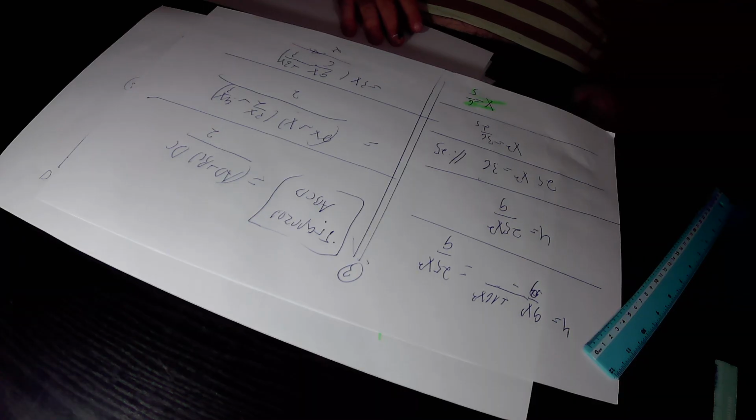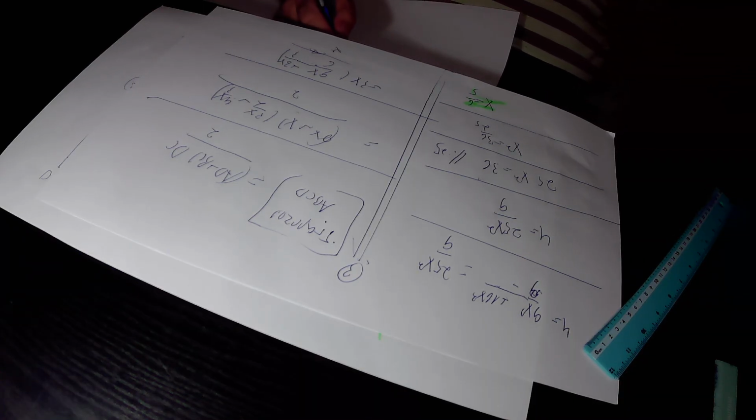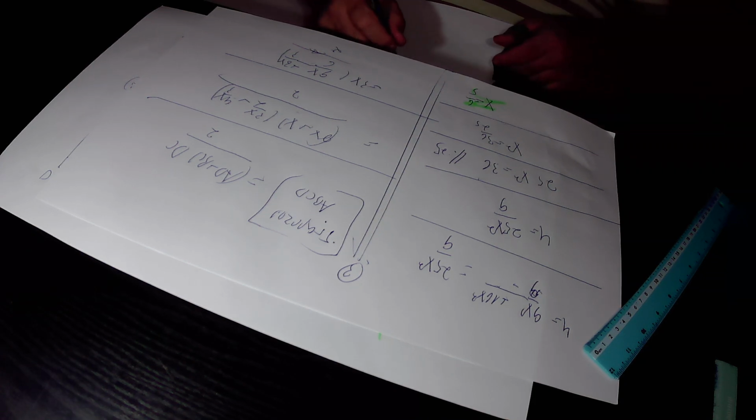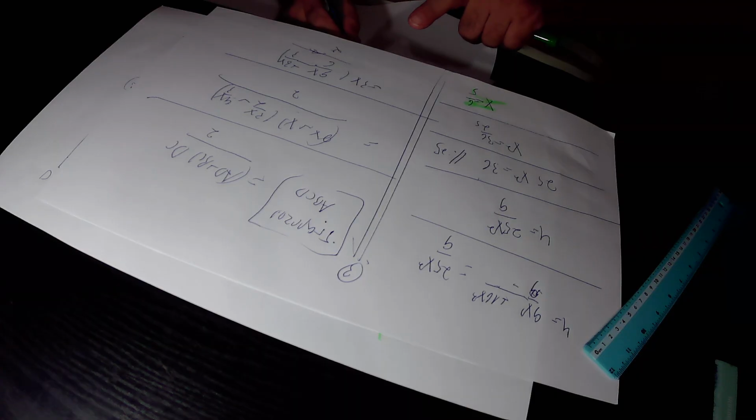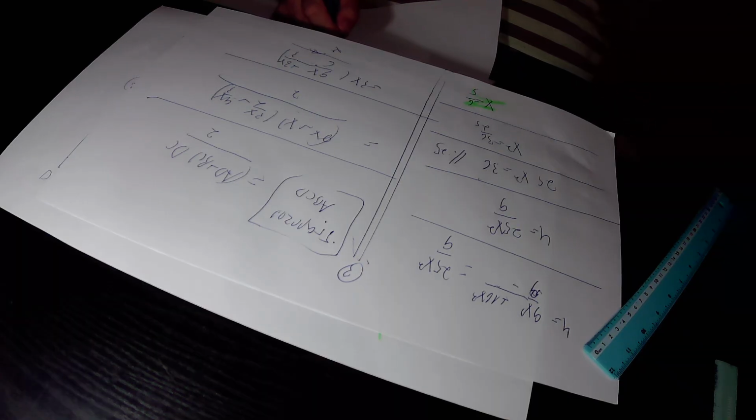So in total, the area of trapezoid ABCD is equal to 3x. Inside the brackets we have 9x plus 8x is 17x, divided by 6 and also by 2.